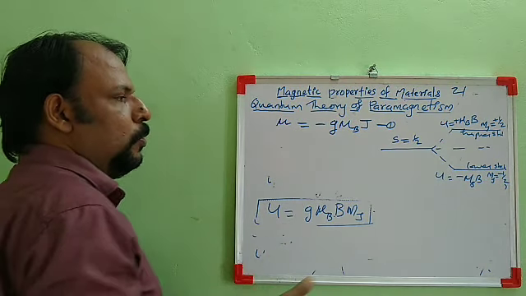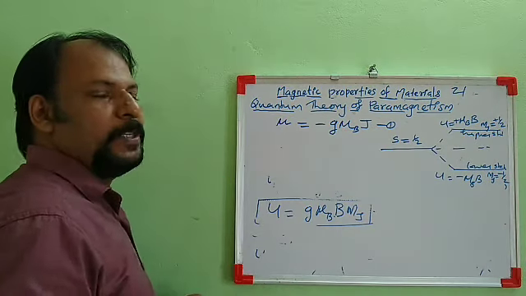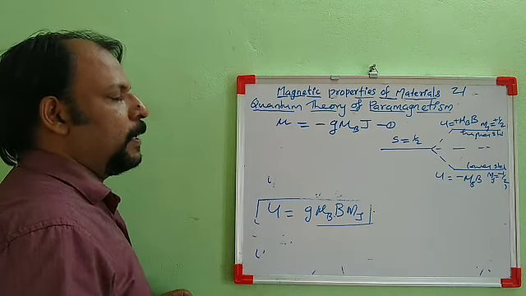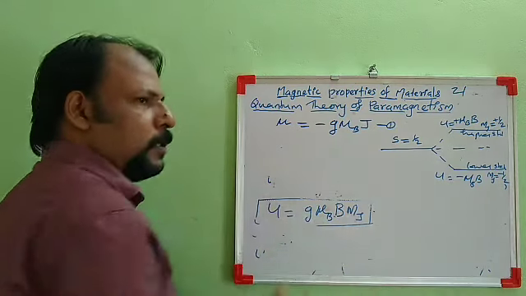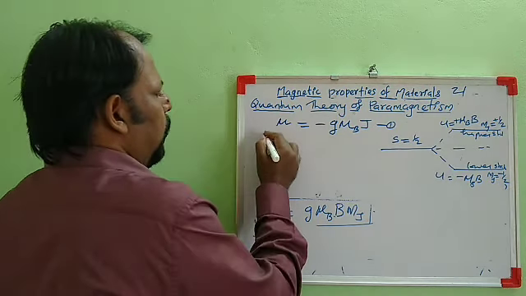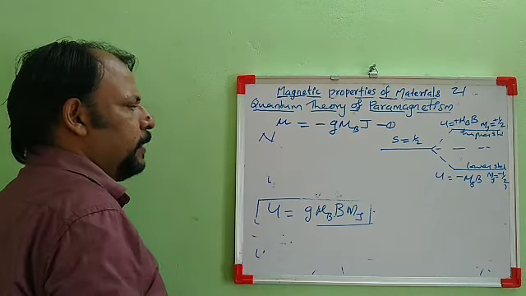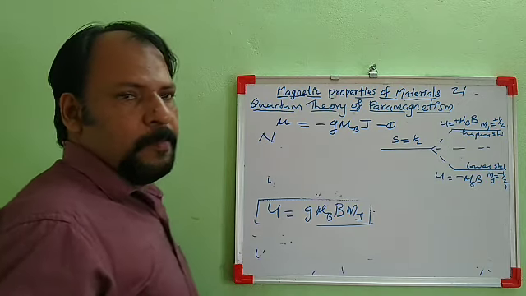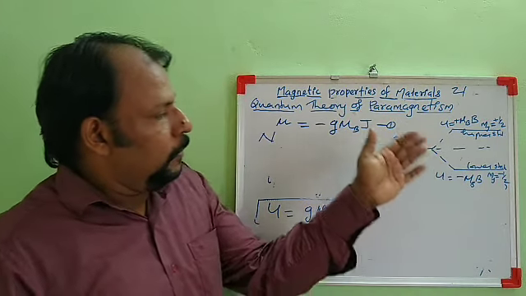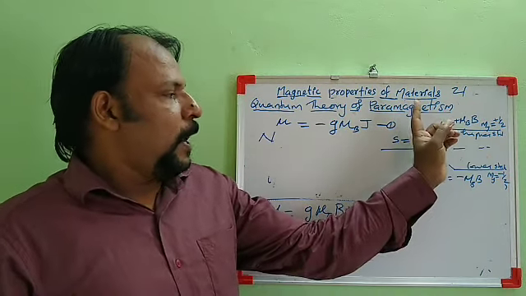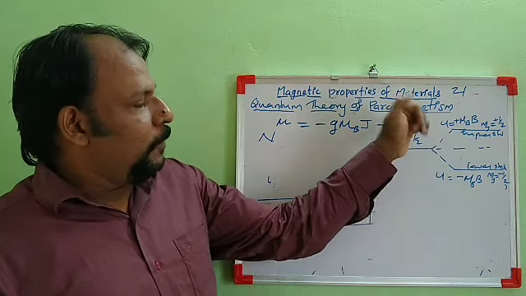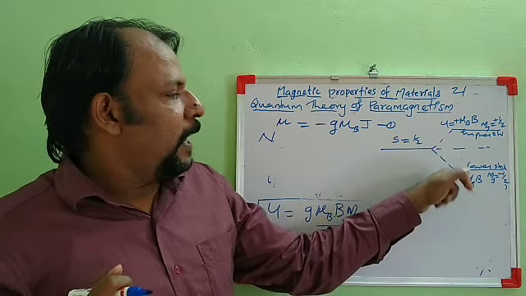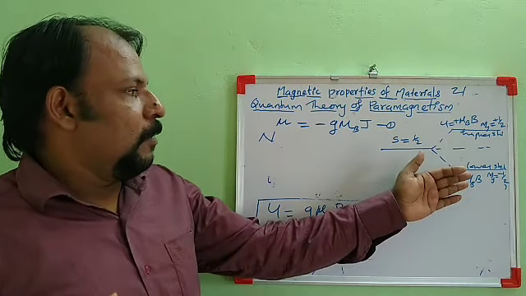So there will be two orientations for magnetic moment, Mj plus 1 by 2 and minus 1 by 2. That means there are two orientations for magnetic moment, one upper state and one lower state. So if we have N number of atoms per unit volume, I am taking capital N as the number of atoms per unit volume, then some atoms will be aligned parallel to the direction of magnetic field, and some atoms will have angular momentum alignment anti-parallel to the external magnetic field.